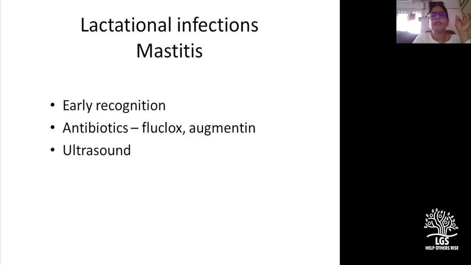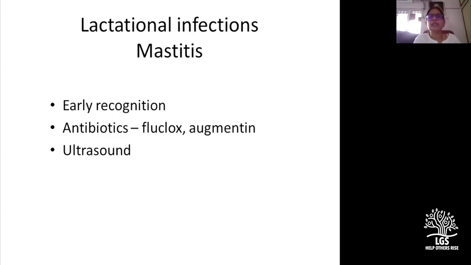So she feeds the baby, and when it initiates the feed, it's painful, and then when the baby finishes feeding, there is one sharp pain, and these are all usually indicative of some infection.